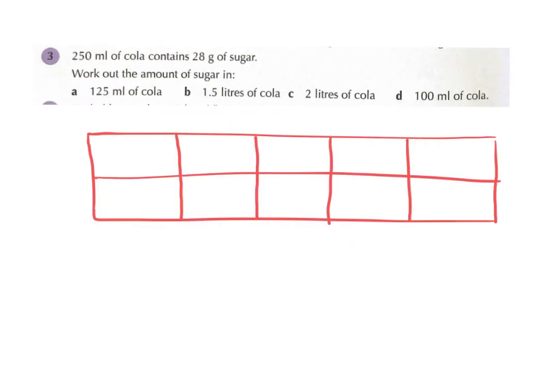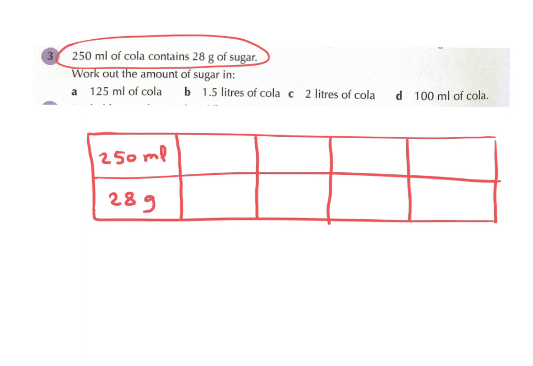Read number 3. 250 ml of curd contains 28 grams of sugar. Work out the amount of sugar in 125 milliliters, 1.5 liters, 2 liters, and 100 milliliters. Okay, so the main ratio, this is the first one: 250 milliliter contains 28 grams of sugar.